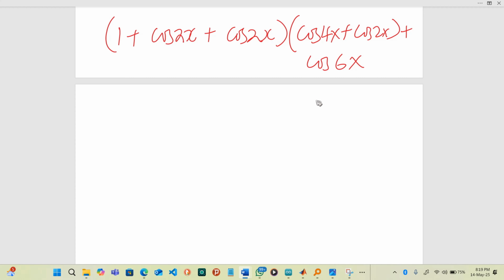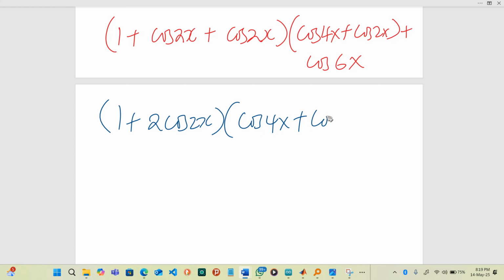So let's just add these two. So I'll have 1 plus 2 cos 2x into cos 4x plus cos 2x plus cos 6x. That's what we have as this is sine 7x out of sine x.